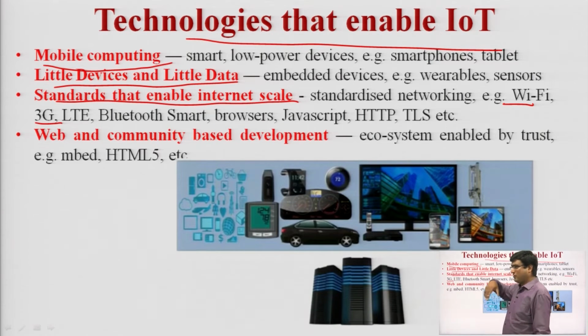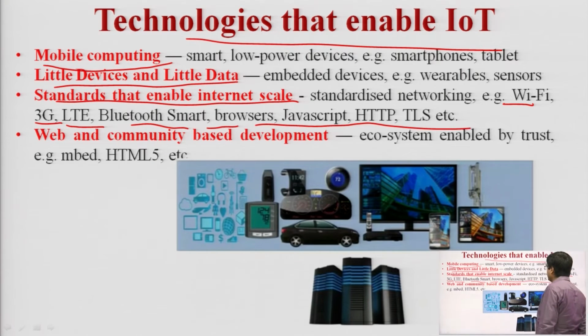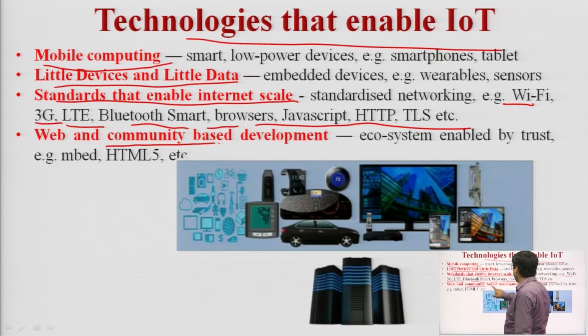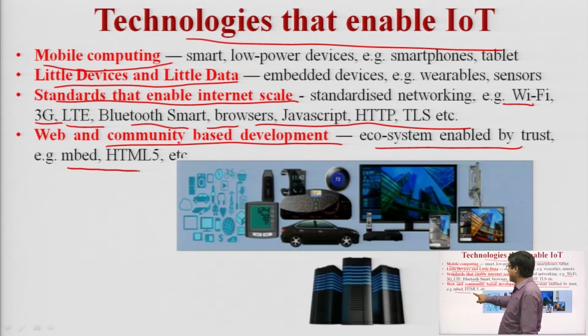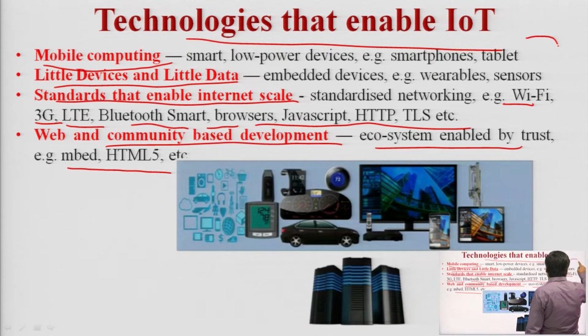Right now we are using 4G but soon we will go towards 5G technology, LTE, long term evolution, Bluetooth, smart browsers, JavaScript, HTTP, TLS, etc. Then community based development, like an ecosystem enabled by trust, for example embedded HTML. Let us go into the detail of all these.